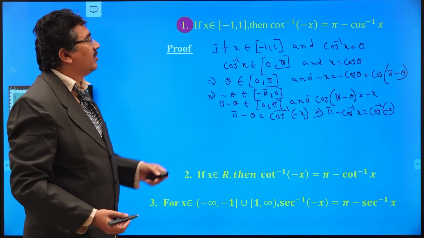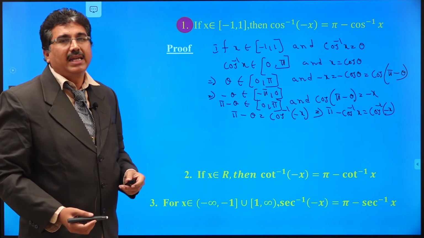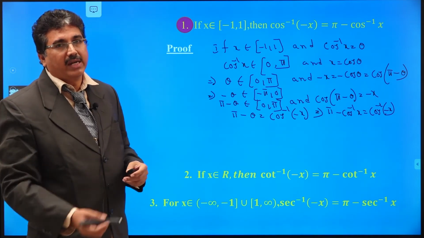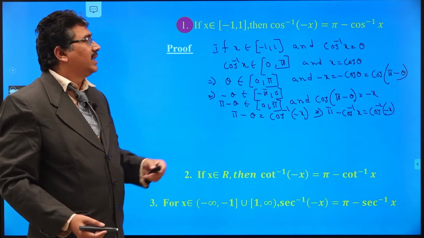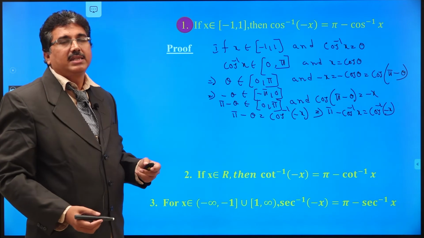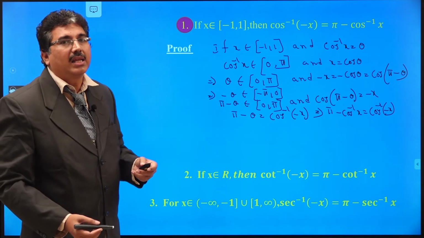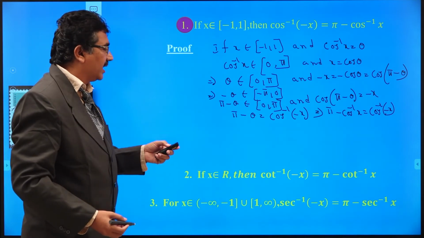Observe that these three functions, cos inverse, cot inverse and secant inverse, are neither even nor odd functions.